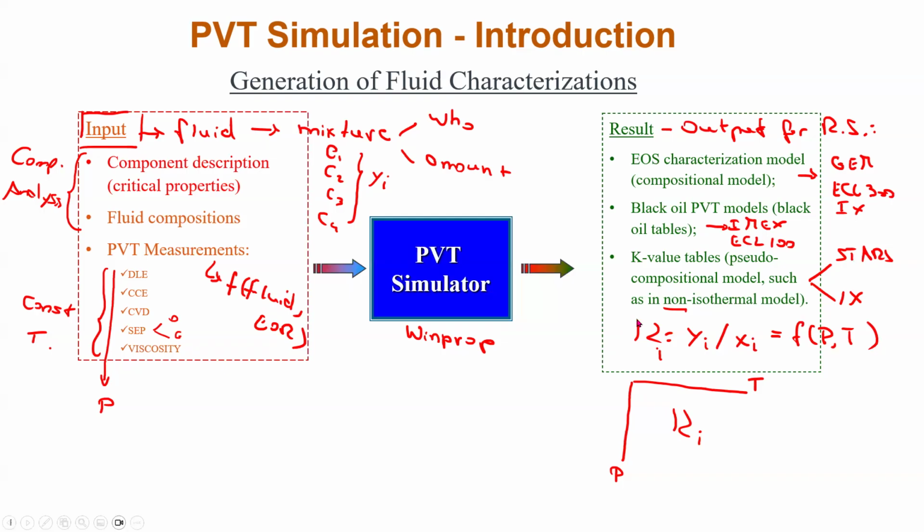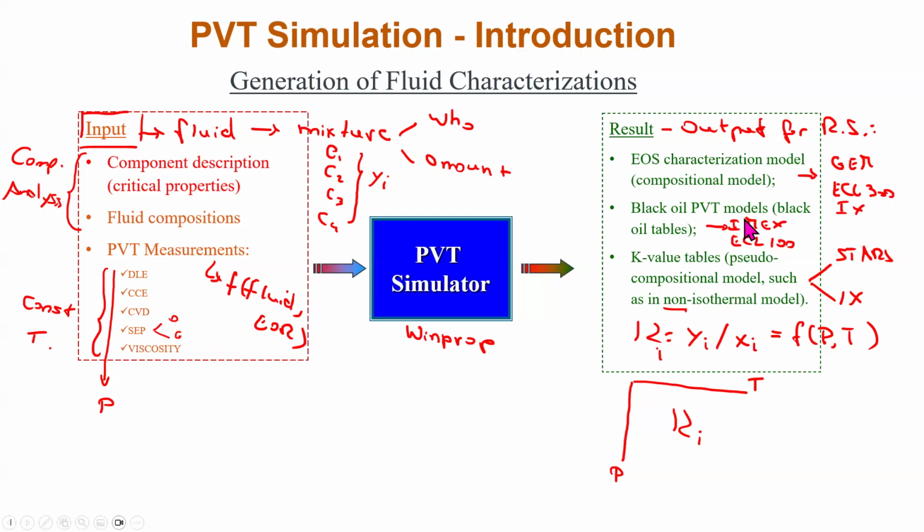So as you can see, the difference in the simulation models is related to how you handle the fluid modeling. If you model the fluid using an equation of state, it means that we use a compositional model to run your field.